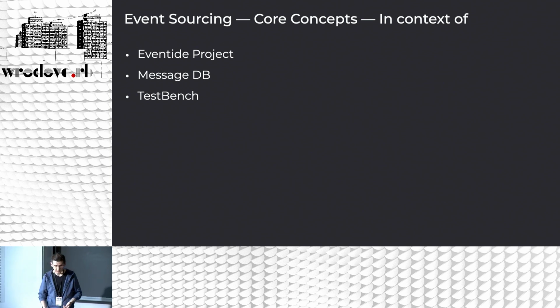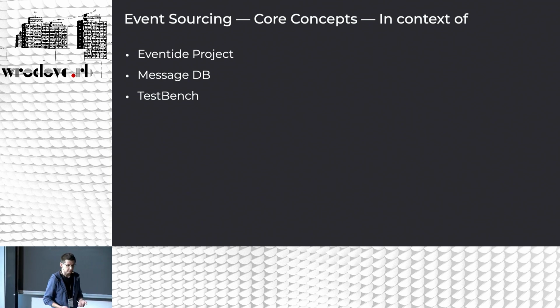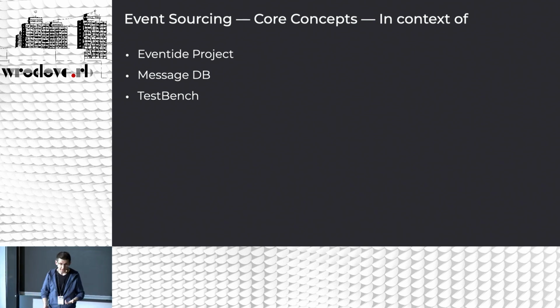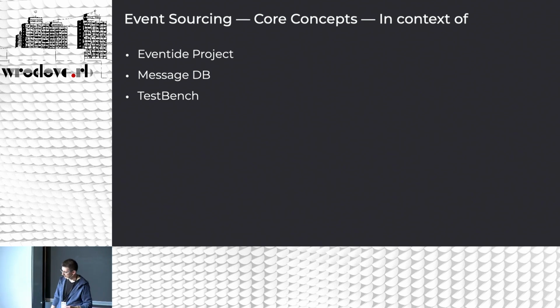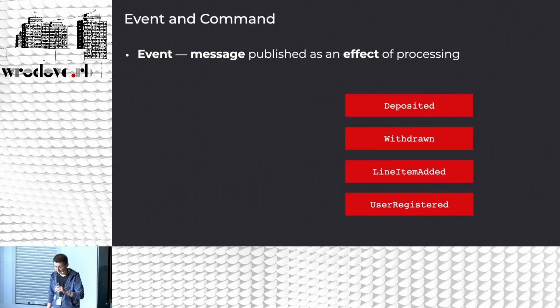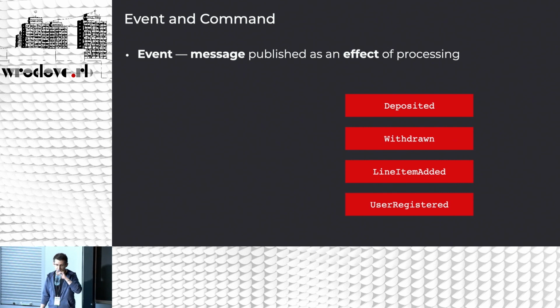It's called MessageDB, and it comes with a very nice test framework. It's called TestBench, and you can use it for any Ruby project, including Rails. All you have to do to start with it is forget anything that you've ever learned about RSpec, and you're good to go. So for event sourcing, we have to have an event concept.